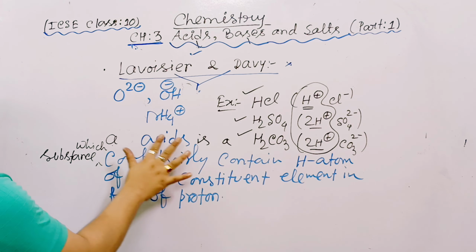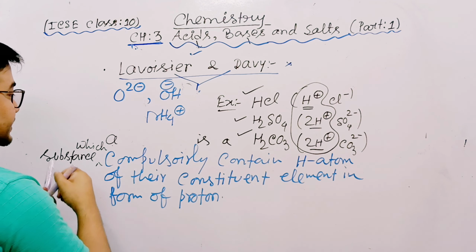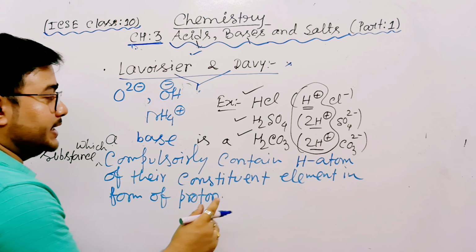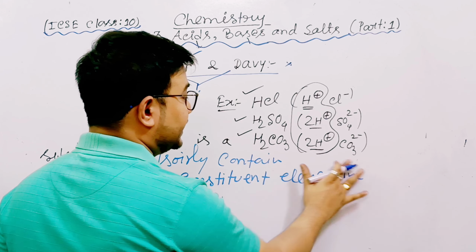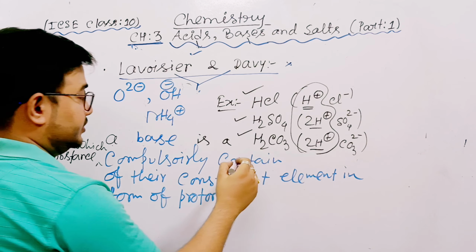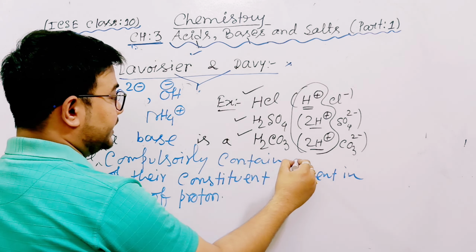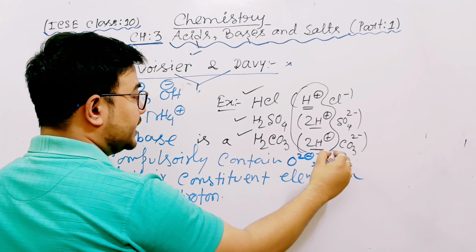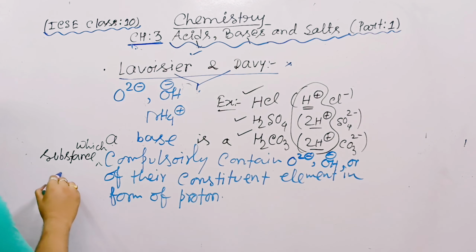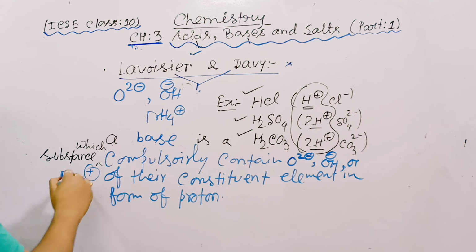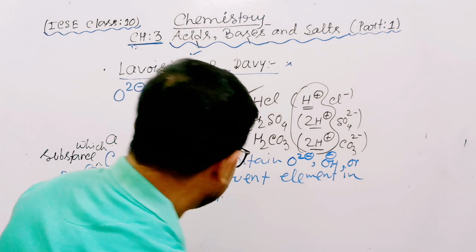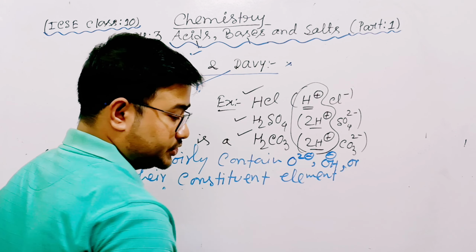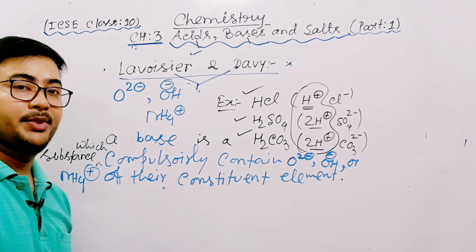A base is a substance which compulsorily contains, in place of H plus, oxide ion, hydroxide ion or ammonium ion of their constituent element, full stop. So this is the definition of base.